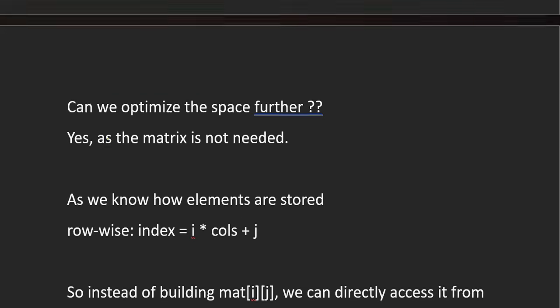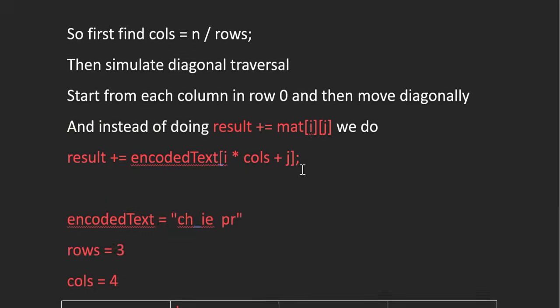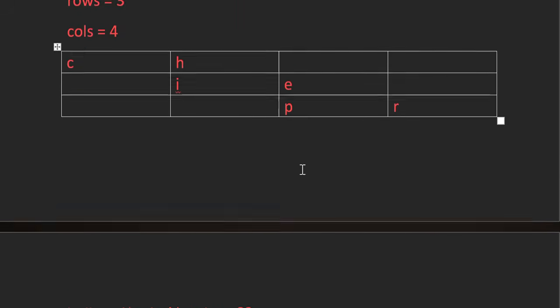So let's move to approach 2. Can we optimize the space further? Yes, we can optimize it, as the matrix is not needed. So if the matrix is not needed, how will we do it? Basically, as we know, wait, I'll show you with an example, right? See this.